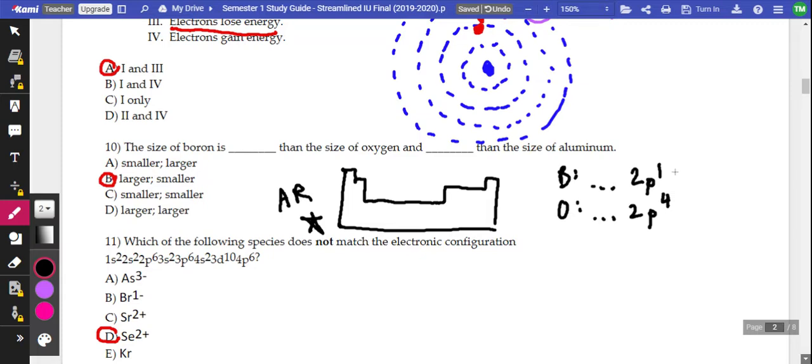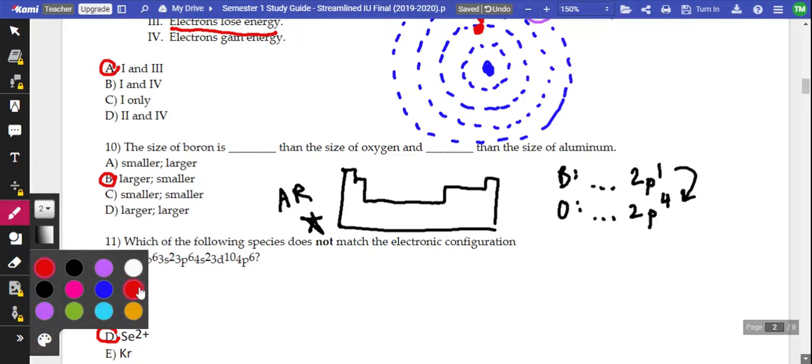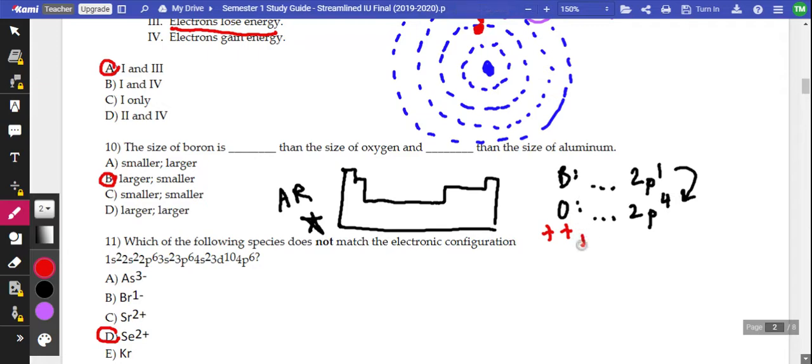Having more electrons in these p orbitals doesn't really make the reach go farther. It doesn't mean oxygen is going to be bigger because it has a couple extra electrons. They're just taking up more space, the same distance out from the nucleus, roughly. But oxygen does have more protons.